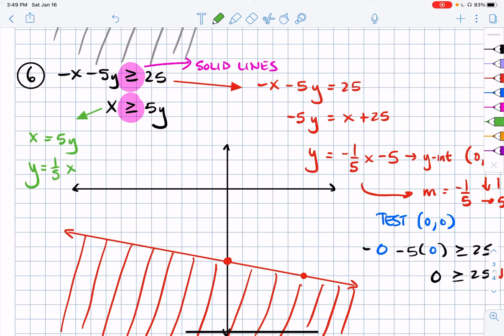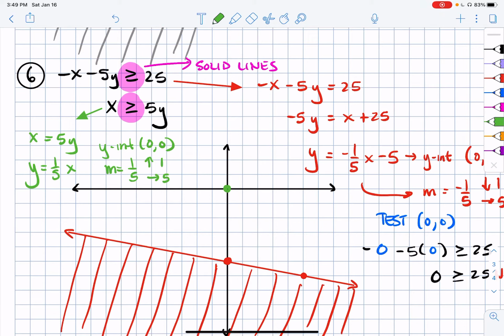Now, some of you guys got confused because you're like, I don't know what the y-intercept is. Well, do we usually write +0 if it's not necessary? No, we do not. So that means your y-intercept must be 0. So y-int is 0, 0, and my slope is 1/5. So I go up 1 and right 5.